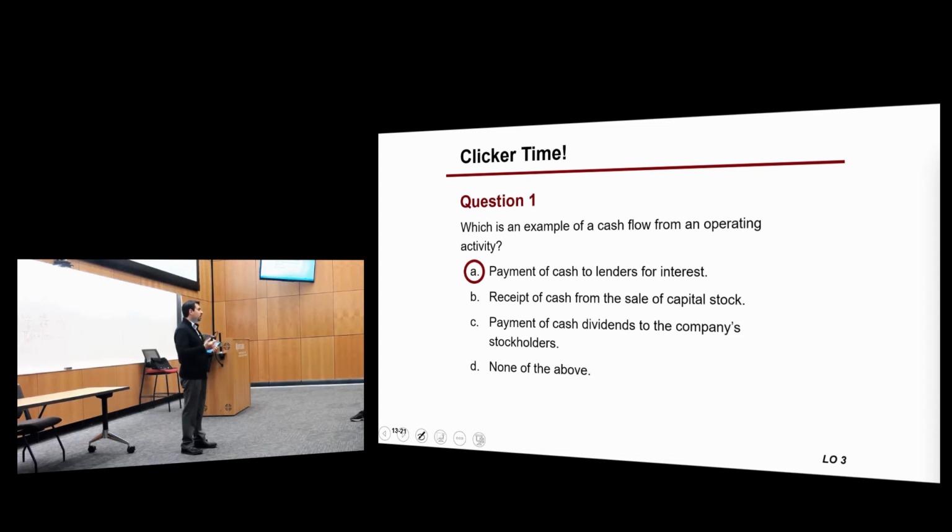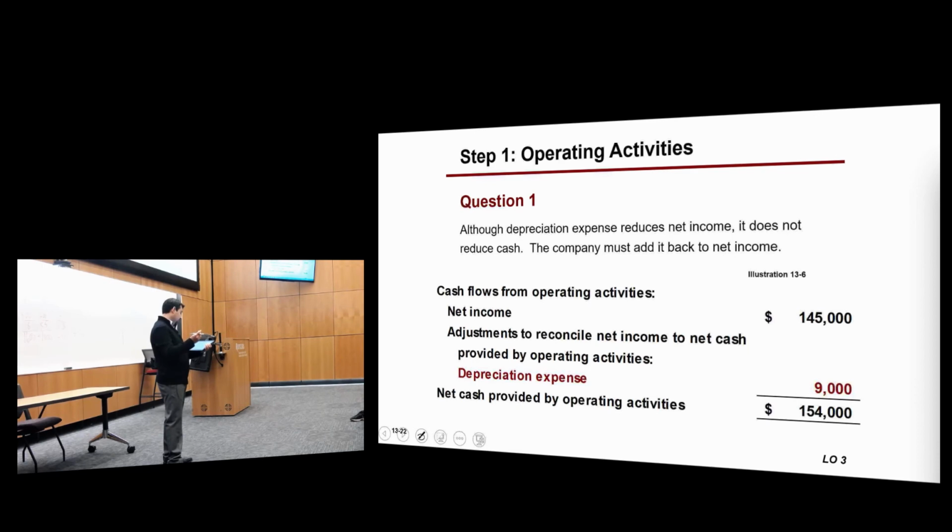Sale of capital stock, this is when the company issued their own stock, which is financing. Payment of cash dividends, again, this is when the company pays their shareholders. It is part of financing. And none of the above is part of none of the above.